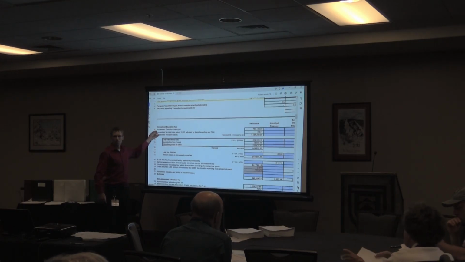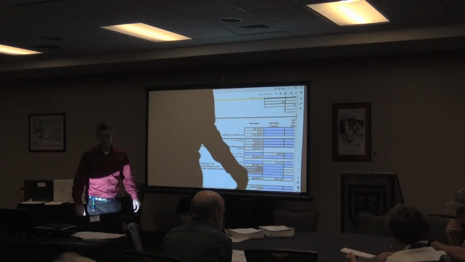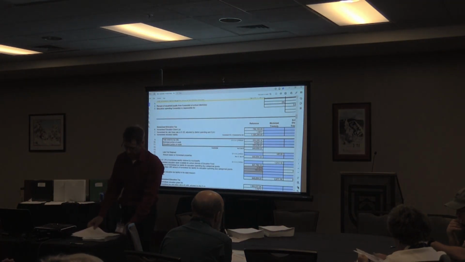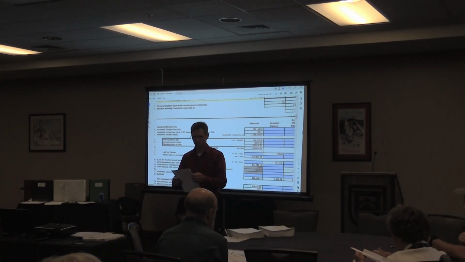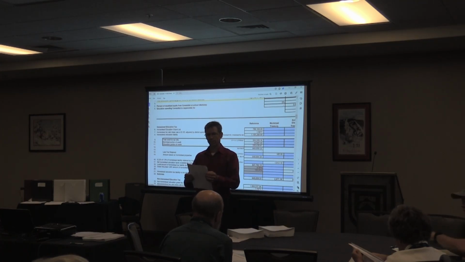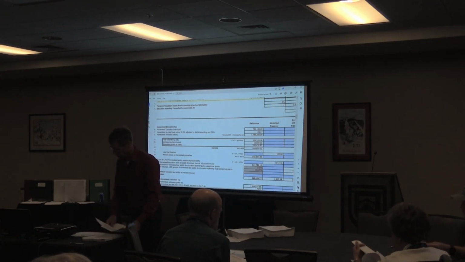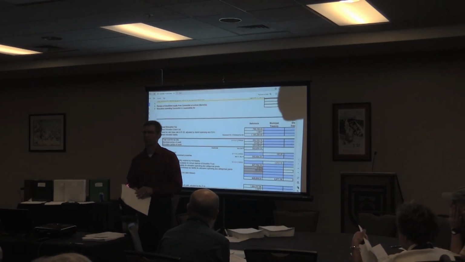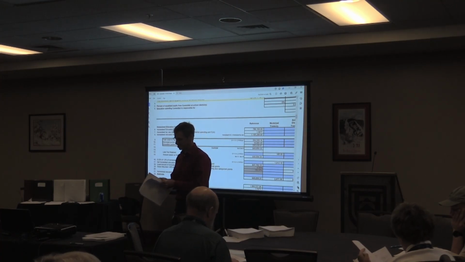But where the rubber meets the road is down here in row 6. Row 6 is your homestead education grand list, which, guess what, came from your 411 earlier in this document. All right? It's literally that.